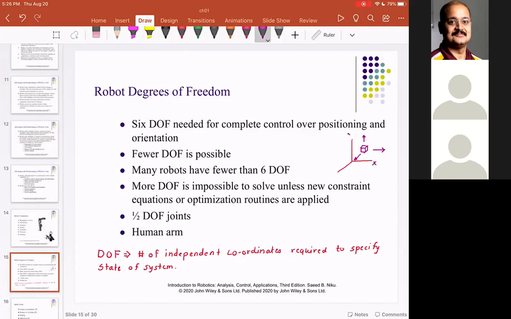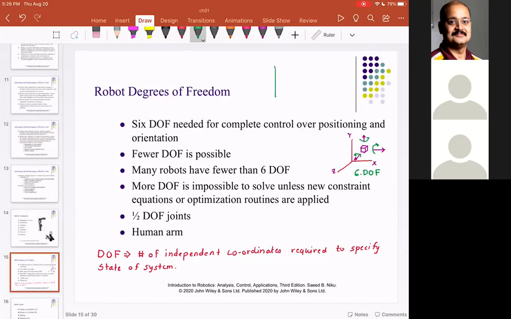Assuming this is X, this is Y, this is Z. This block can also rotate about X, about Y, and about Z. So a 3D object has 6 degrees of freedom. Similarly, how many degrees of freedom does a robot have? It means how many independent coordinates are required to specify the state of the robot.